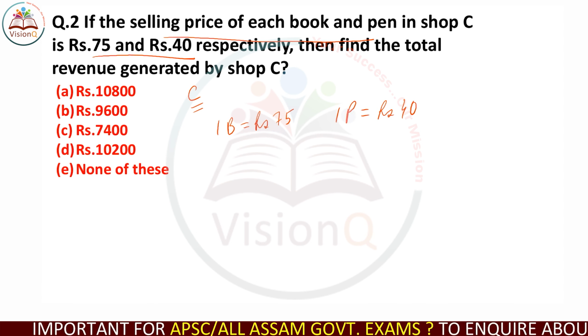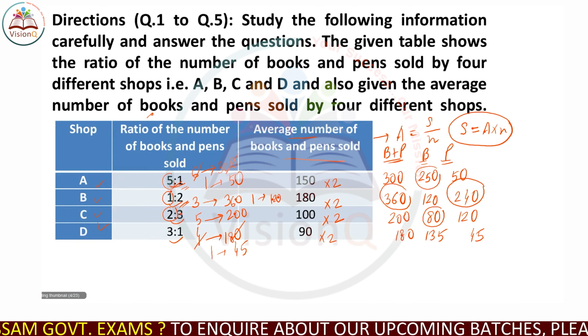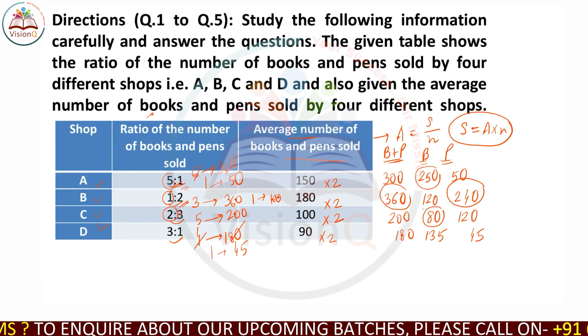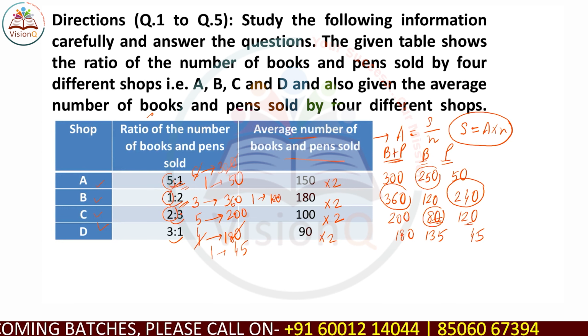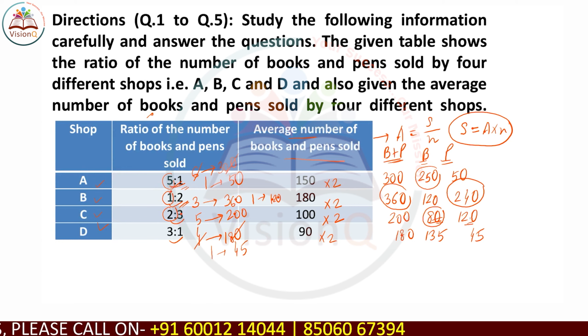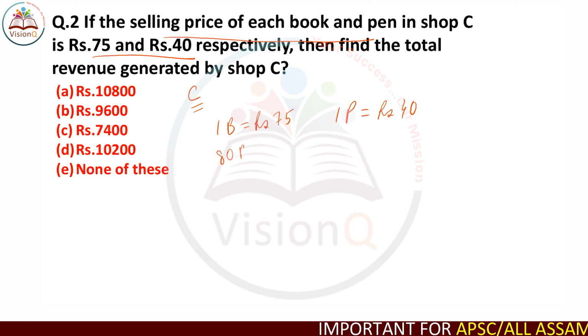Now in case of shop C, the number of books sold was 80 and the number of pens sold was 120, isn't it? So if the selling price of one book is 75, then the price of 80 books will be how much?